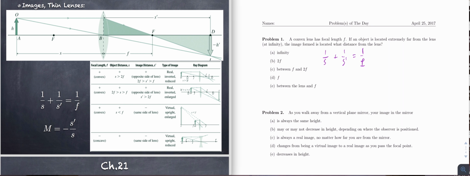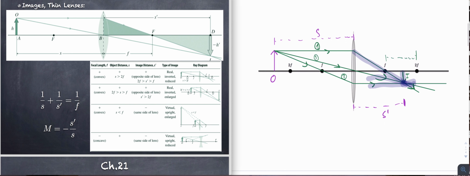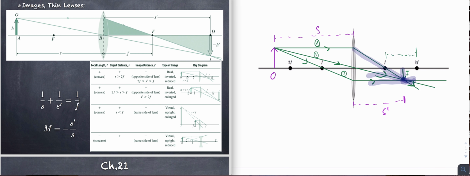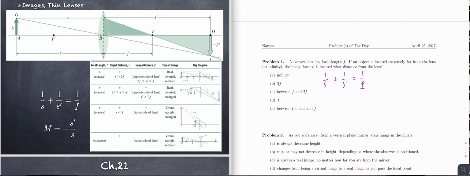The question is we want to place an object really far from the lens. That means that s is essentially at infinite meters away from the lens. What happens to this term now?